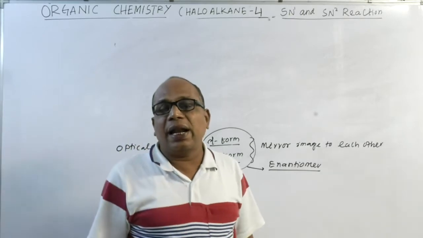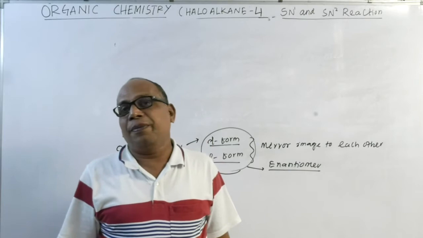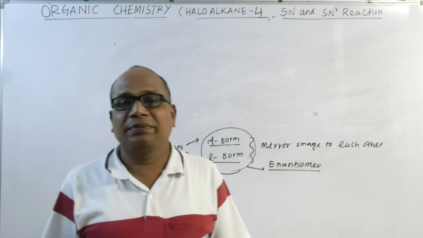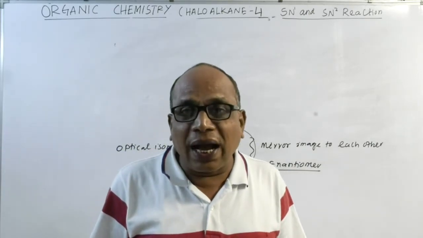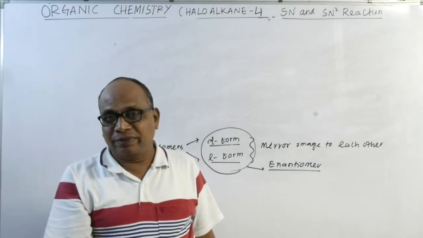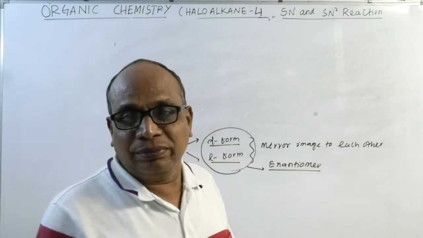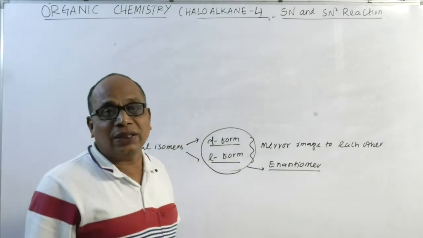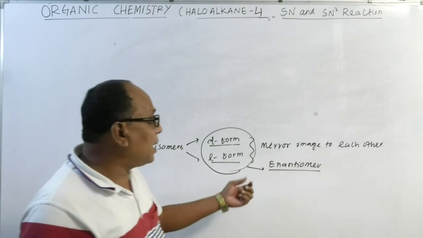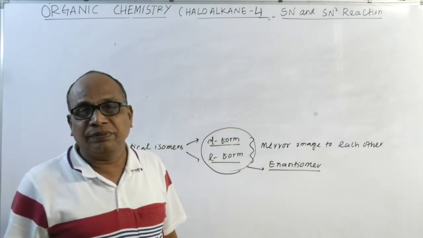That means an enantiomer is the pair of optical isomers which are mirror images of each other of an optical active compound. That's called an enantiomer, and enantiomer means one is the D form, one is the L form.